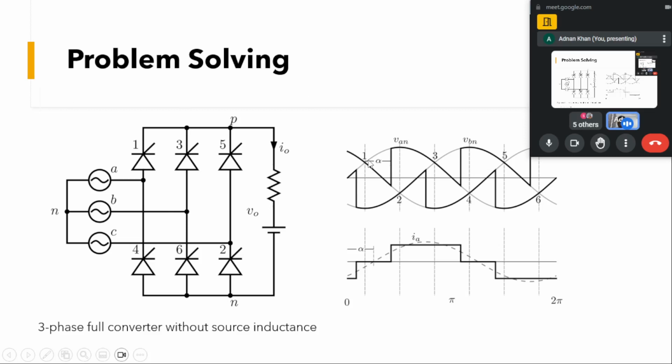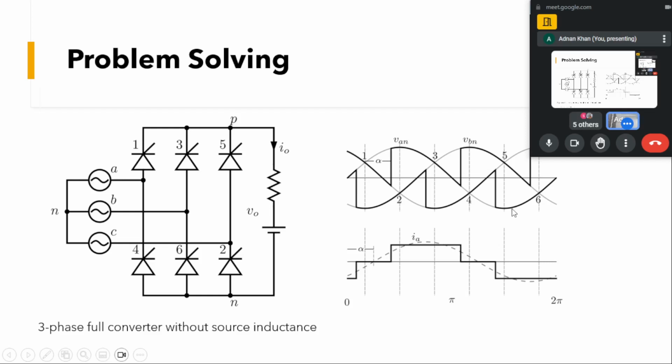For the A phase, SCR1 will start conducting at an alpha from the 1 position. It will conduct until the B phase SCR3 is triggered at its alpha point. Till then SCR1 will conduct, so we have a positive current for this period.